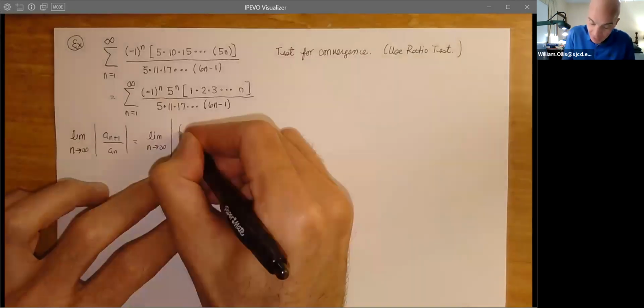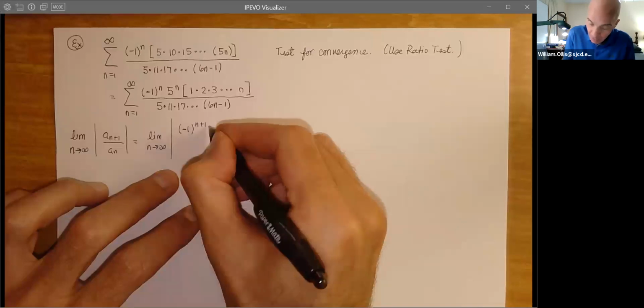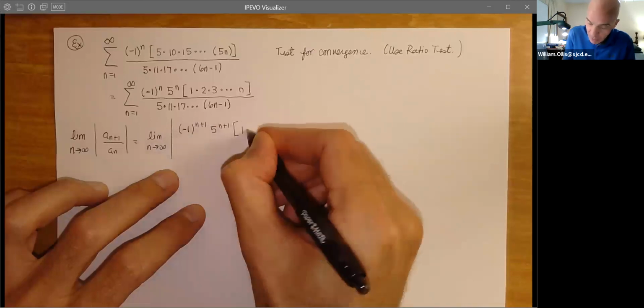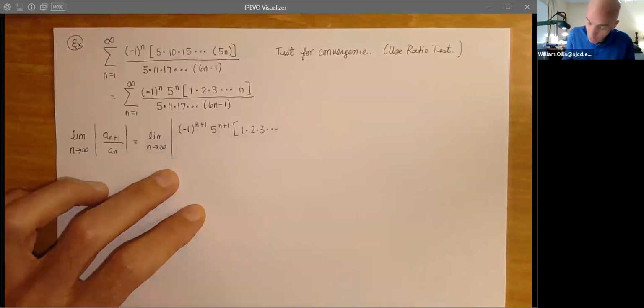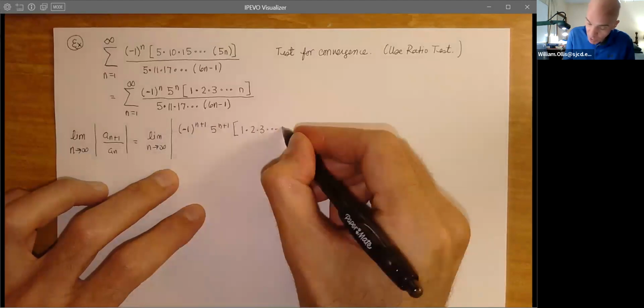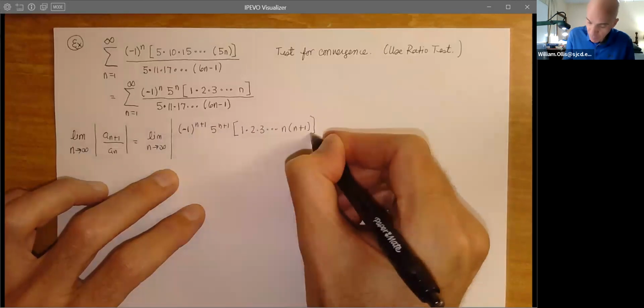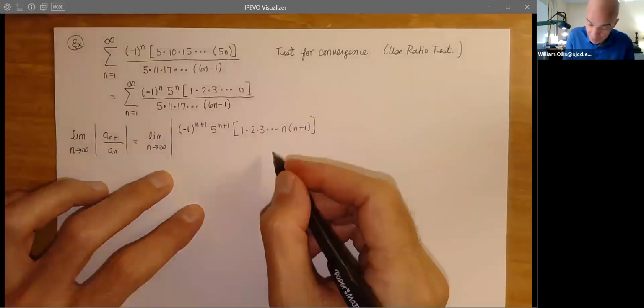So we have negative 1 to the n plus 1, 5 to the n plus 1, and then 1 times 2 times 3, and of course the n becomes n plus 1, so we have up to n times n plus 1. You don't have to put the factor right before, but it's clearly there.